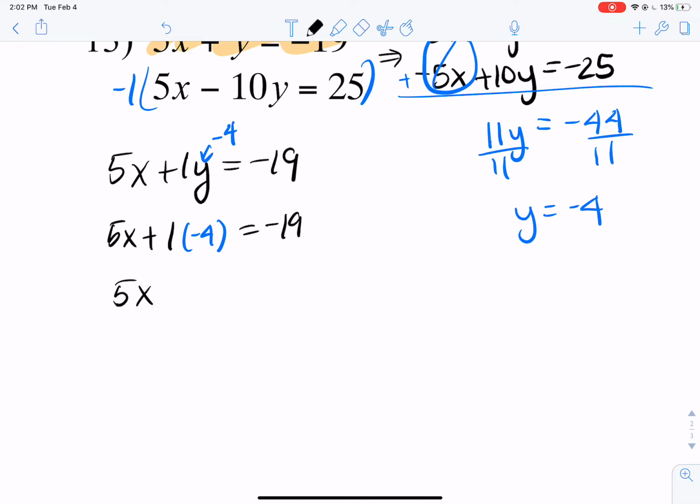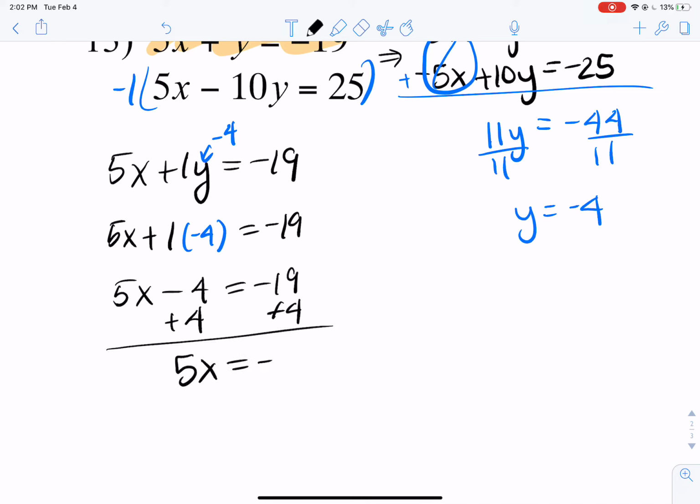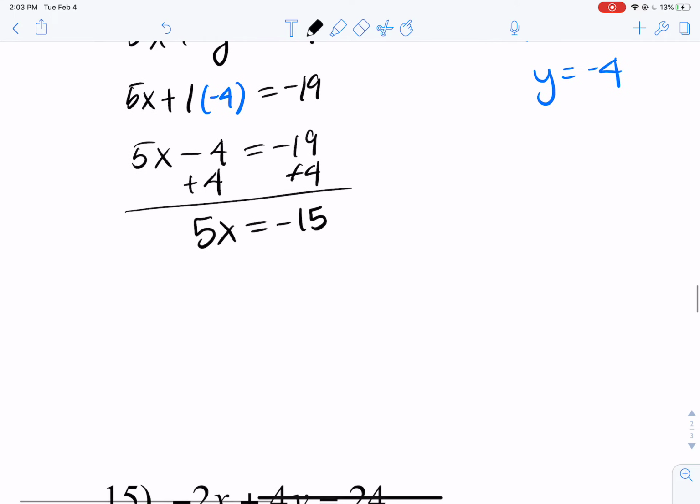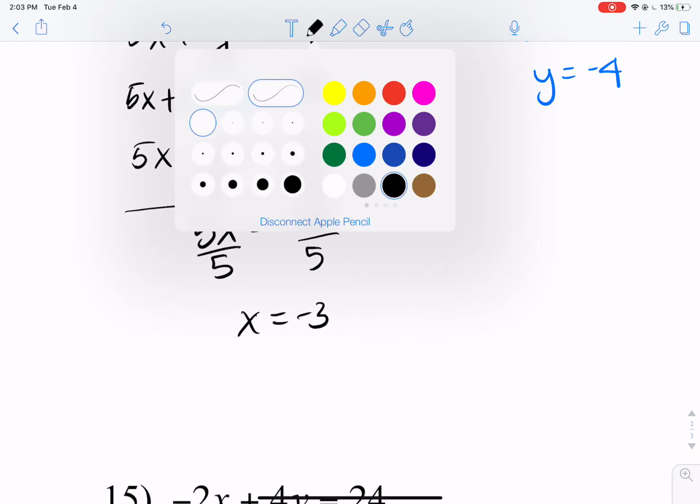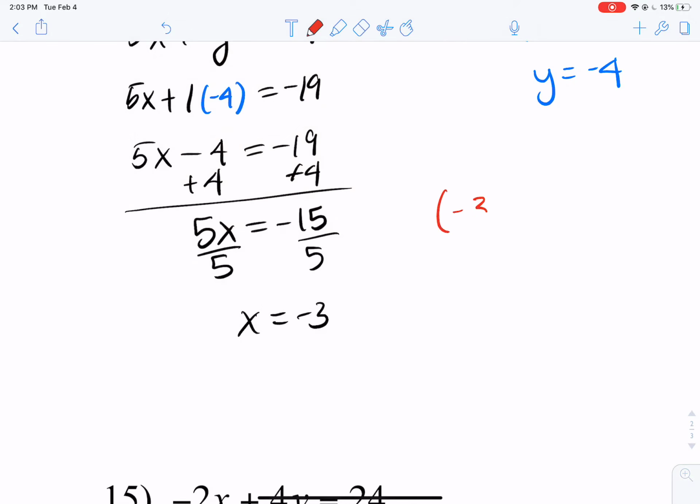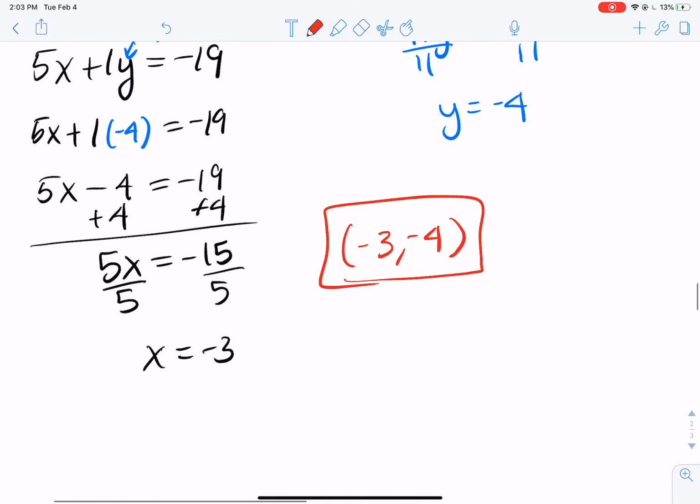Well, 1 times negative 4 is negative 4, and adding a negative is the same thing as simply subtracting it. So I'm going to write this as 5x minus 4 is equal to negative 19. That way I can add 4 to both sides. And 5x is going to equal negative 15. We're going to divide by 5. And x is equal to negative 3. So here's our solution. Put in the x and y value as a coordinate. There's your answer.